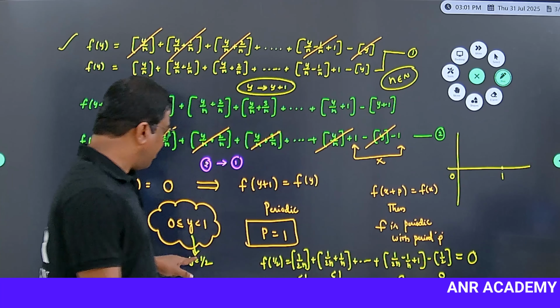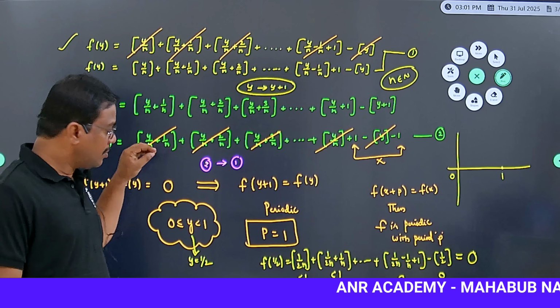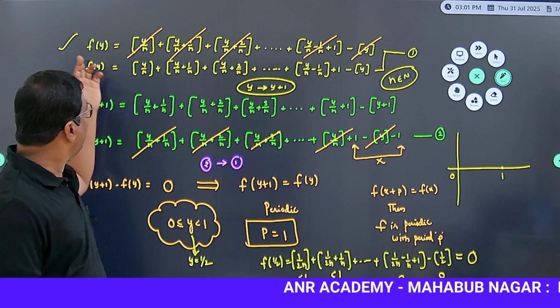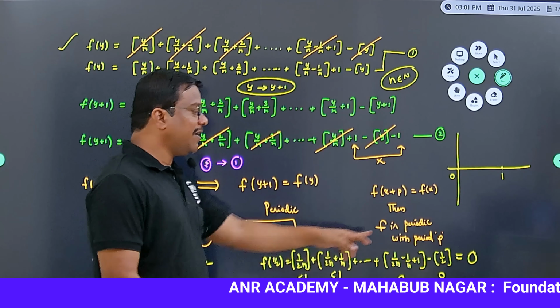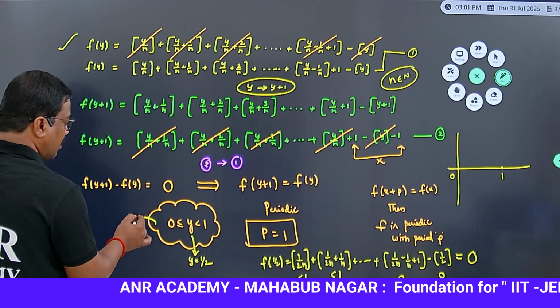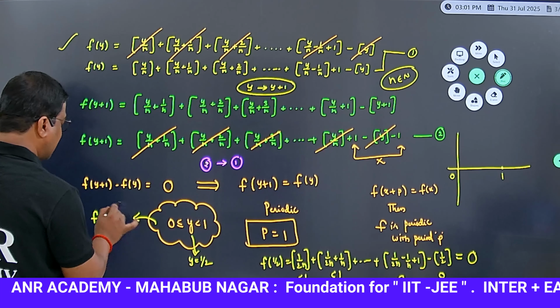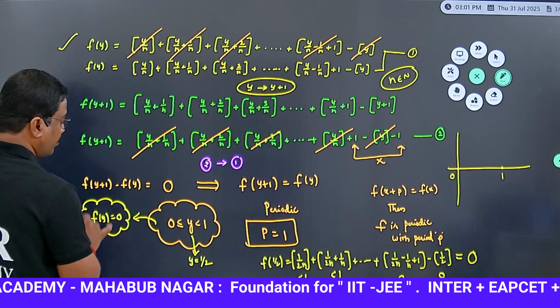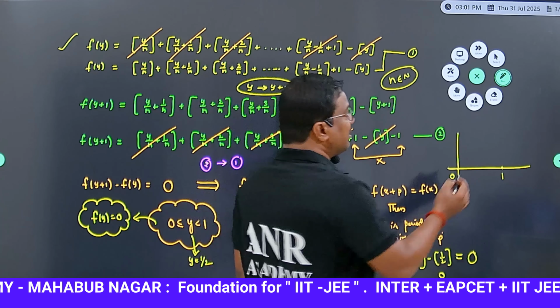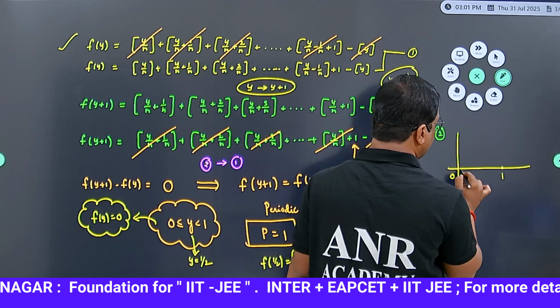Not only 1 by 2, in between 0 to 1, whatever value you write in the function f of y, the functional value is 0. Therefore, for all y from 0 to 1, f of y is clearly 0. In the interval 0 to 1, the graph indicates f of y is always 0.